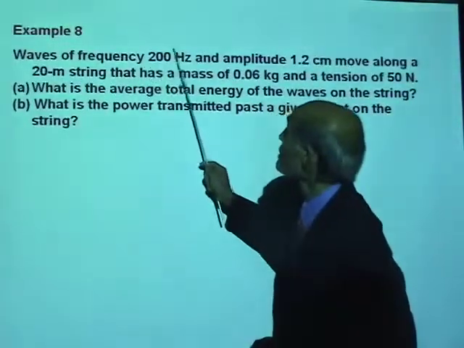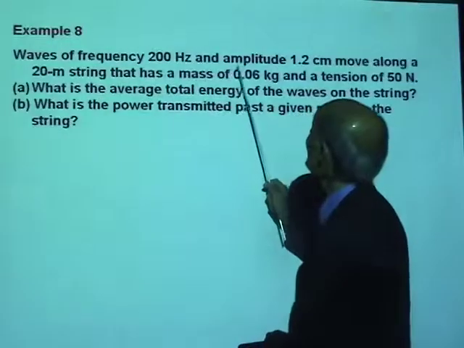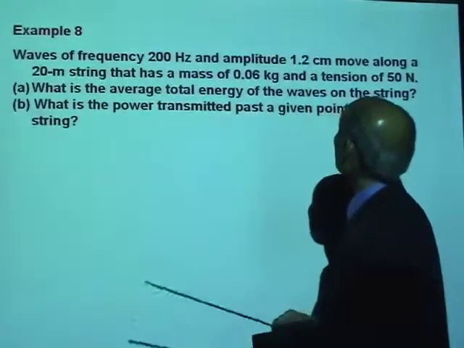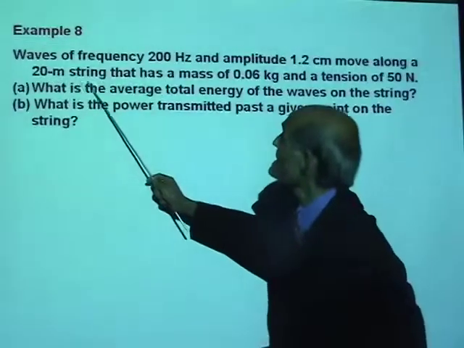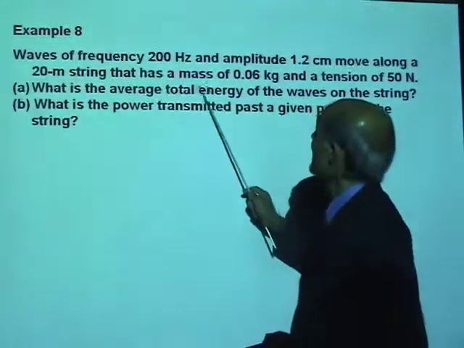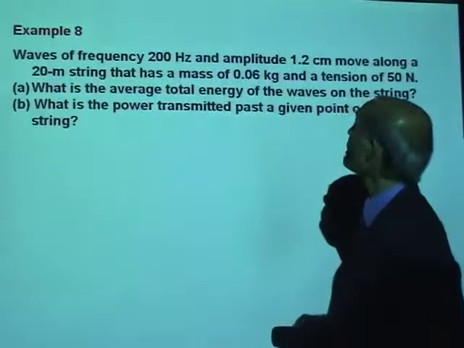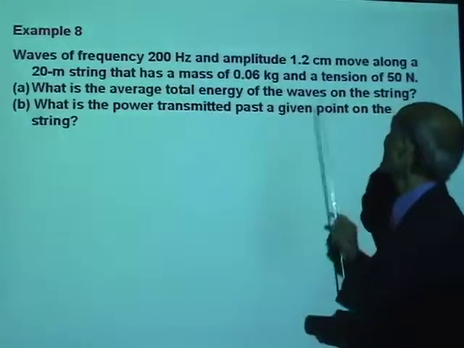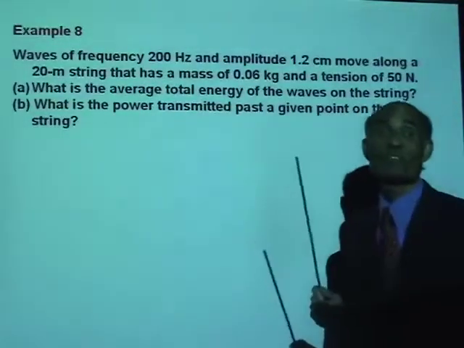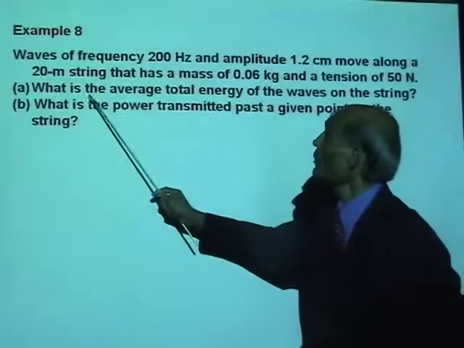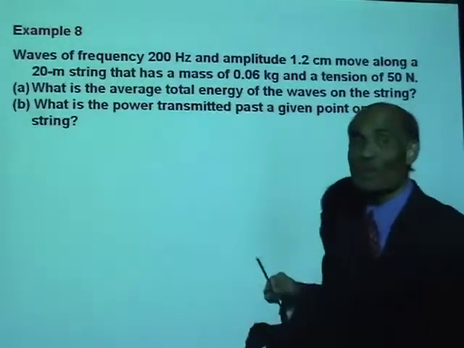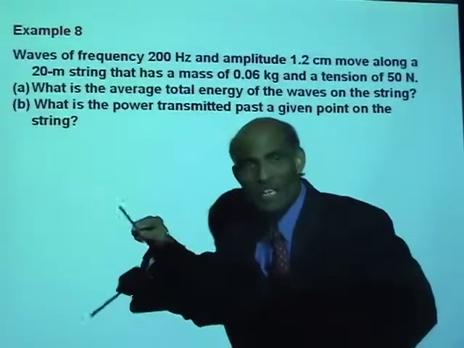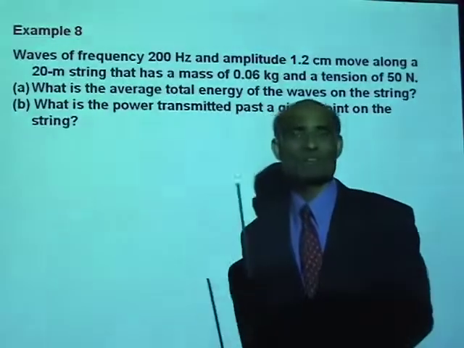Waves of frequency 200 Hertz and amplitude 1.2 centimeter move along a 20 centimeter string that has a mass of 0.6 kilogram and a tension of 50 Newton. What is the average total energy of the waves on the string? What is the average energy transmitted along the string?